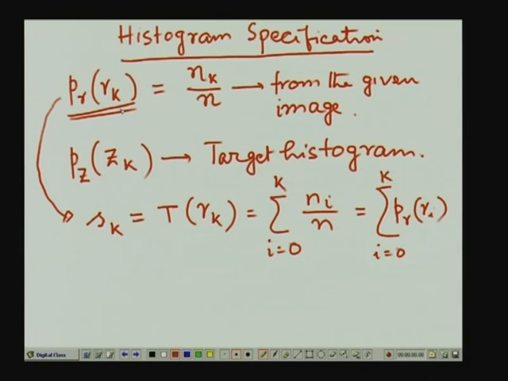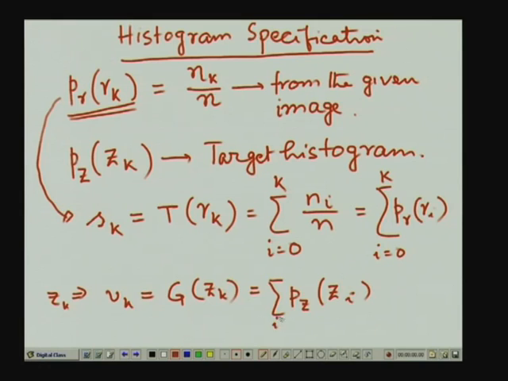And to obtain this histogram specification, the process is like this: you define a variable, say z_k, such that it follows this property, you will have the transformation function, say v_k equal to G(z_k), and we can compute this from the specified histogram, which is given in the form of p_z(z_i), where i varies from 0 to k, and we define this to be equal to s_k.